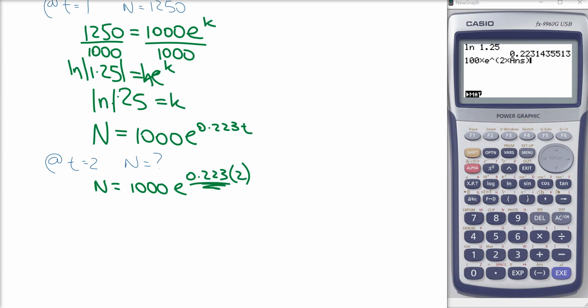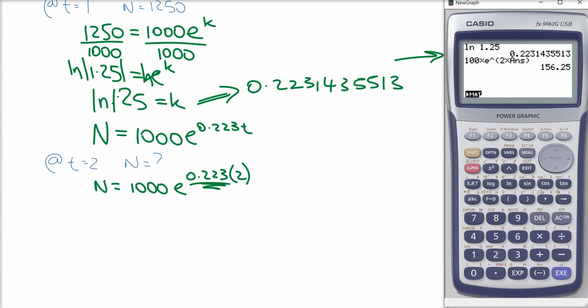That's the rounded answer from before. So I've said k is 0.2231435513 from up there on my calculator. I press equals and get 156.12. What did I do wrong there?